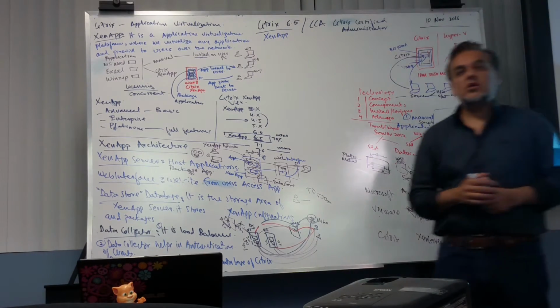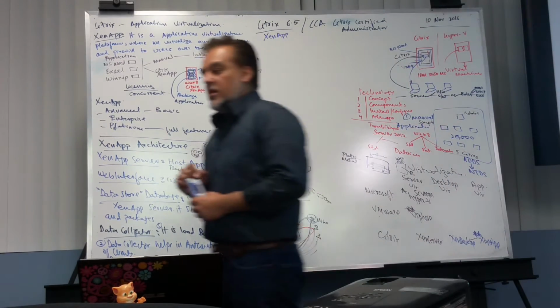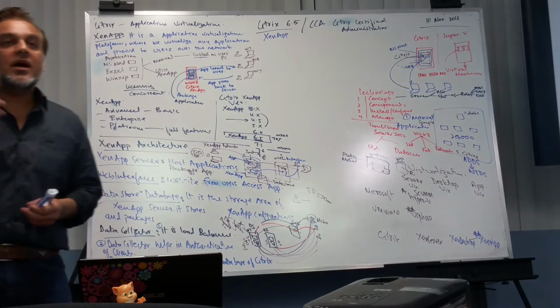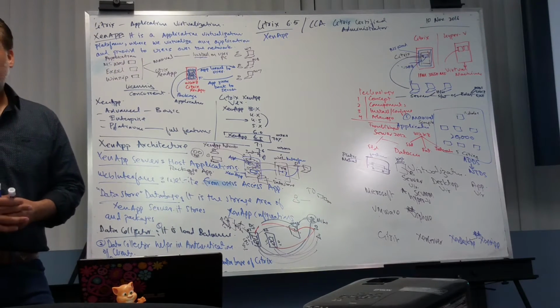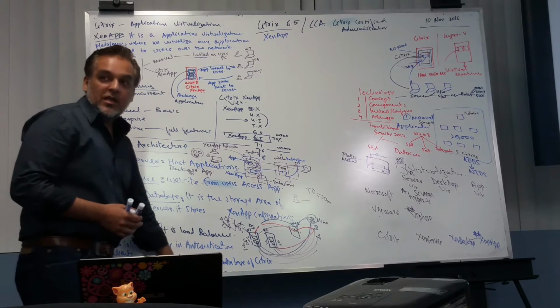So data collector has a small database that has dynamic information of Citrix. Data collector has a small database inside.